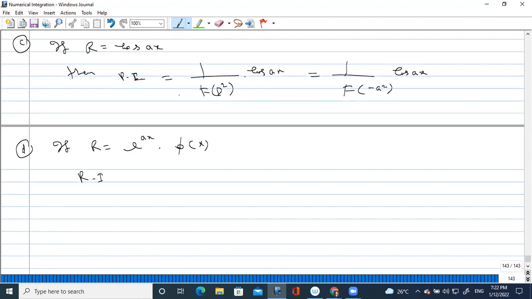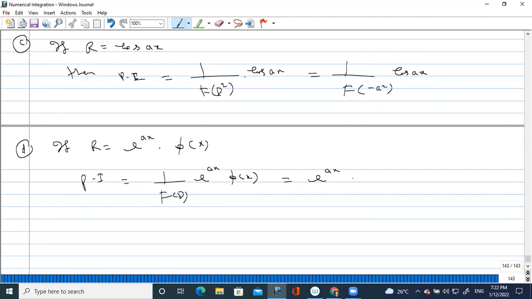For that, the particular integral will be, you just have to remember this procedure, 1 upon f(D) e to the power ax psi(x). So what we do is we cross e to the power ax through this operator. When we cross it through this operator, it will give you the answer.